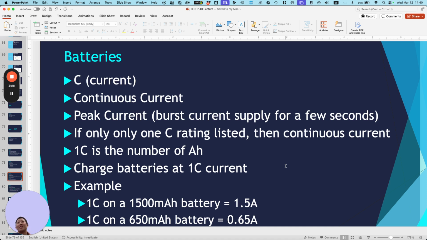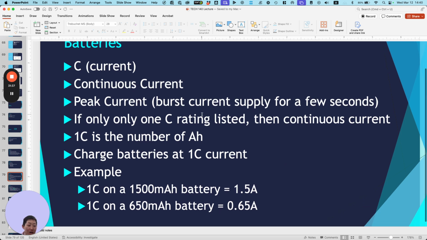An FPV is going to use more current because it flies much more aggressively, and it needs a lot of power to flip and do all sorts of acrobatic movements. So that's why we have to look at this current number.